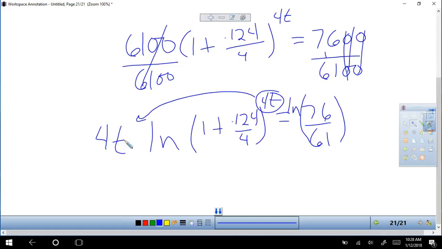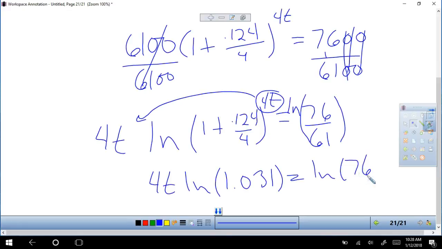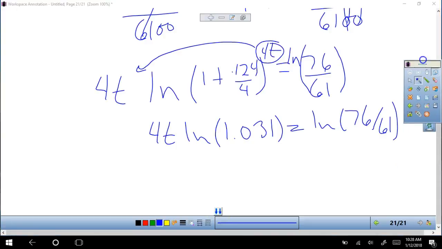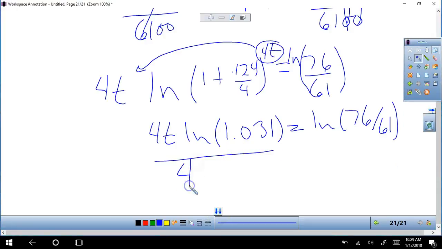What is 1 plus 0.031? So it's 4t times natural log of that. I just changed that top part to a decimal so it's easier, and it doesn't repeat. So I divide by 4 times natural log of 1.031.